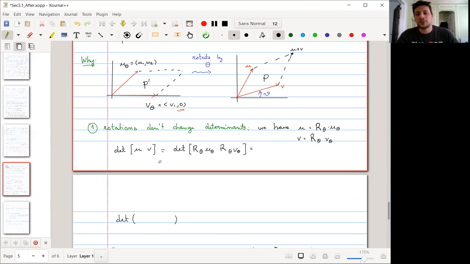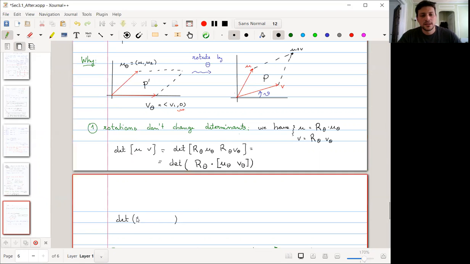So I just substituted these equalities in here. Now, if we look at this matrix, that is what we get by multiplying the matrix R theta with the matrix containing vectors u theta and v theta as its columns.